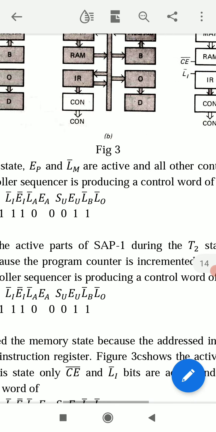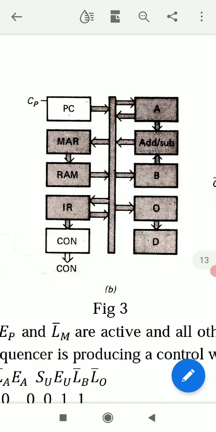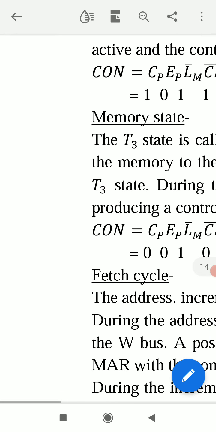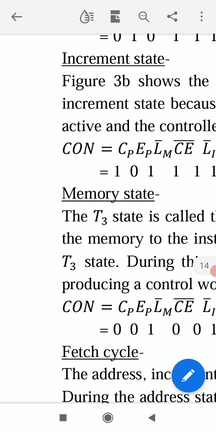All other bits are inactive, and this figure shows the active parts of SAP1. PC is active and controller sequencer CON is active, and the active bit is CP in the control word. All other parts are inactive. So this is T2 state, that is increment state.